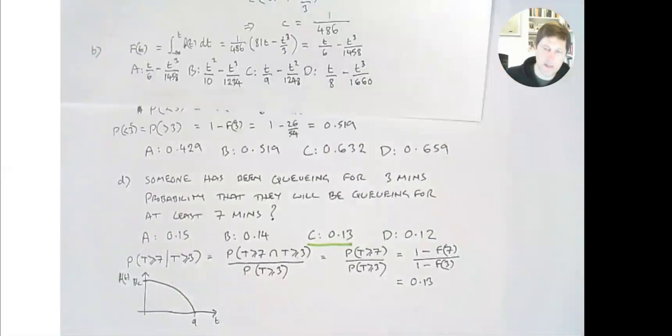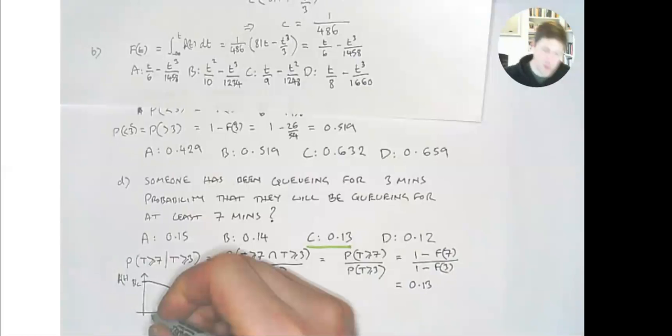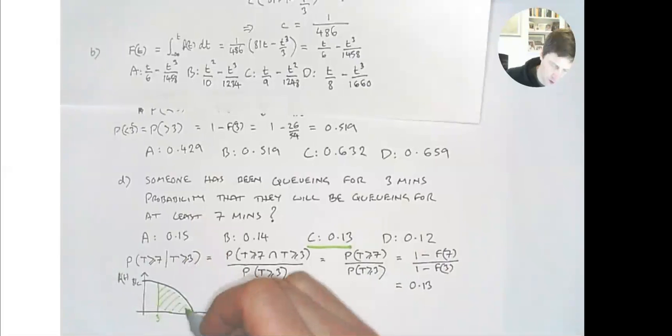And now we can interpret our question by looking at this as well. It says, given that you've already been waiting 3 minutes, what's the chance you have to wait 7 minutes? Well, if that's 3 minutes, these are all the people who have waited more than 3 minutes. And then these are all the people who've waited more than 7 minutes.